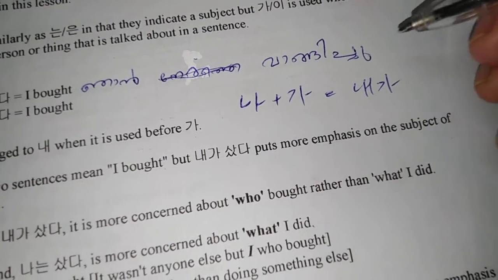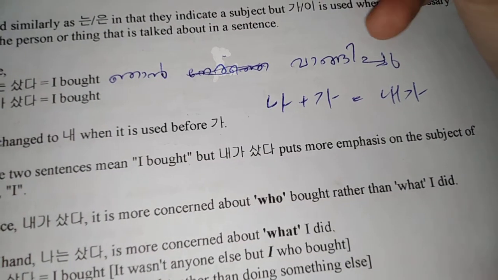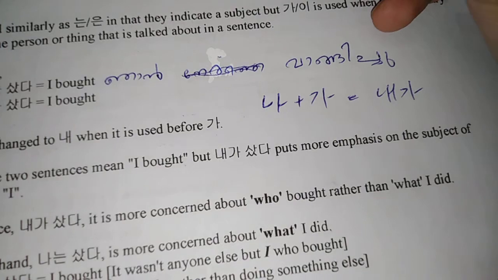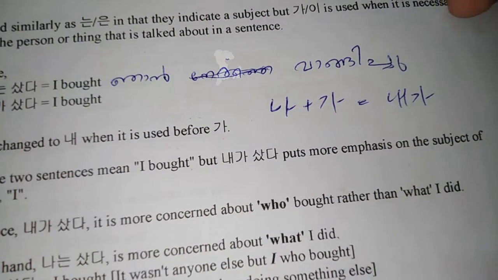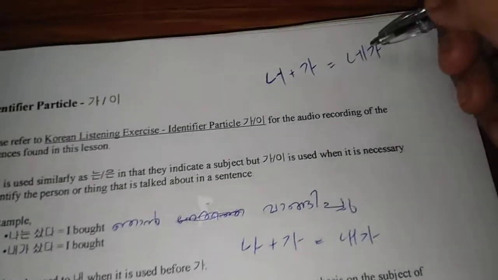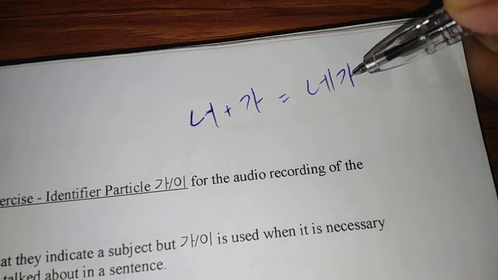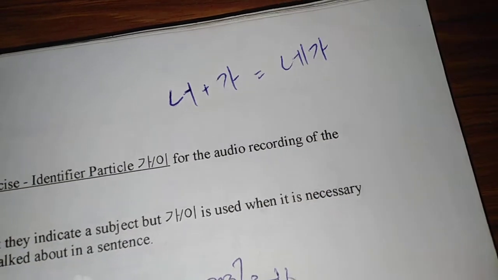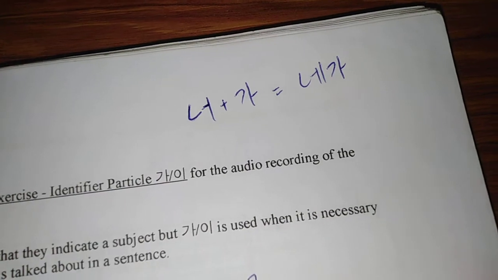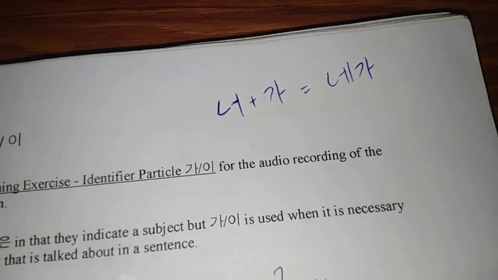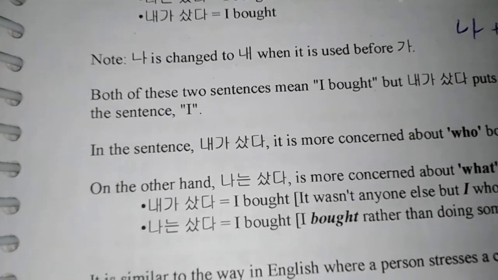But when we do neo, neo means you. Na means I, neo means you. Neo plus ga gives niga. You literally write it as nega, but you read it as niga. We'll be going into those details later on. We'll concentrate on the identifier particle in this class.